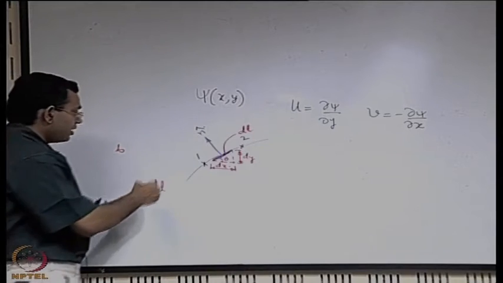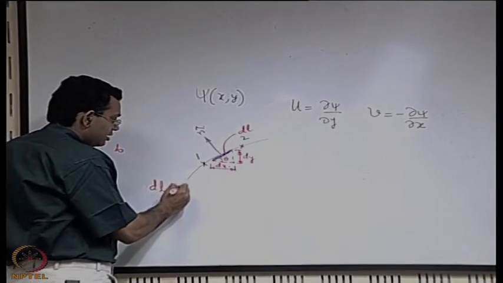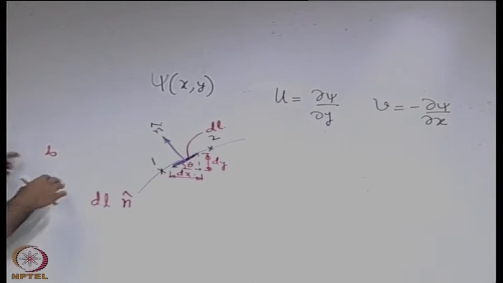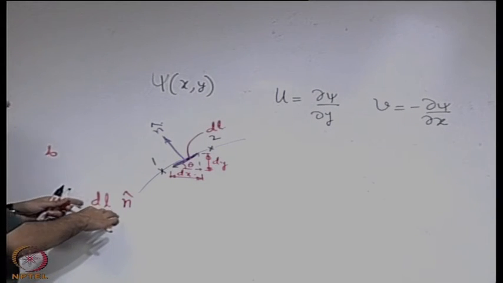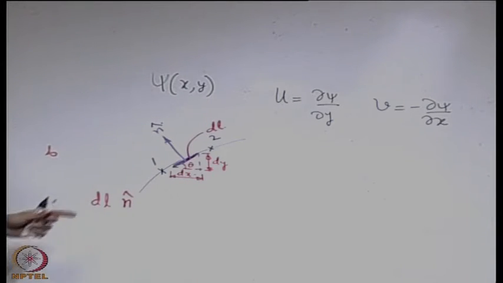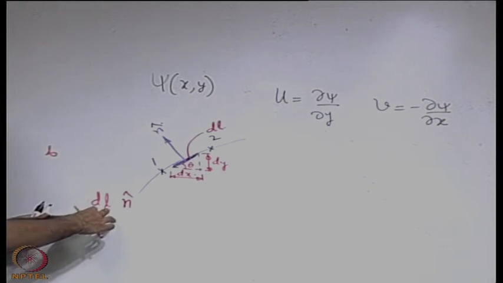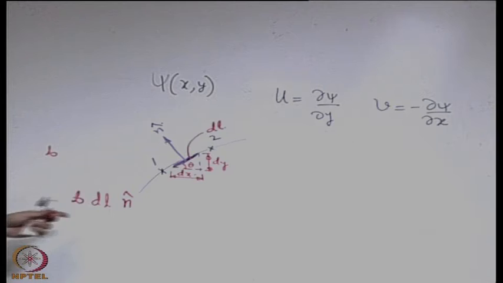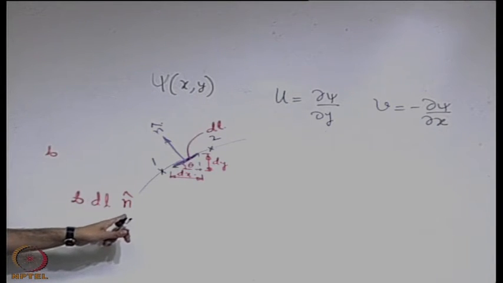So, dA in a vector form is like dA n cap. It is just like the area in a vector form is the magnitude of the area times the unit vector normal to the area and outward to the area. So, here the area is represented by dl, b is the width, so it is basically b into dl, that is the dA, times the unit vector.